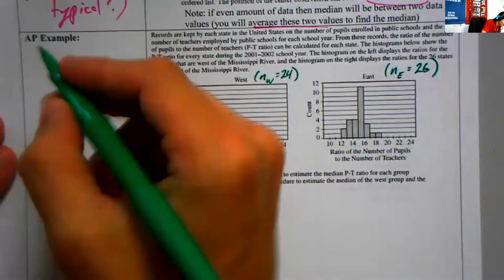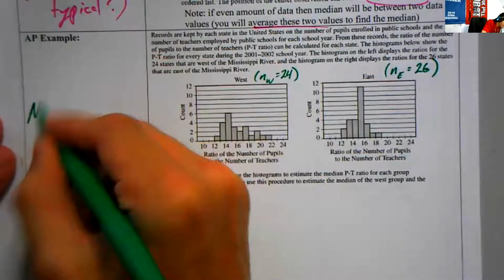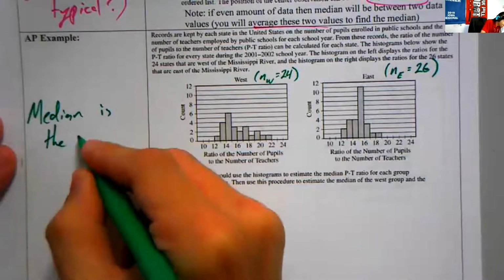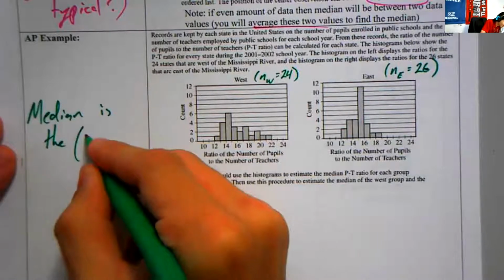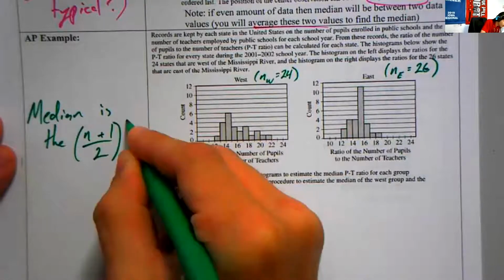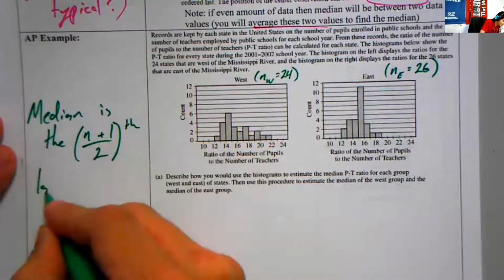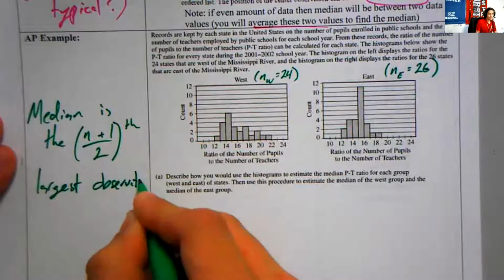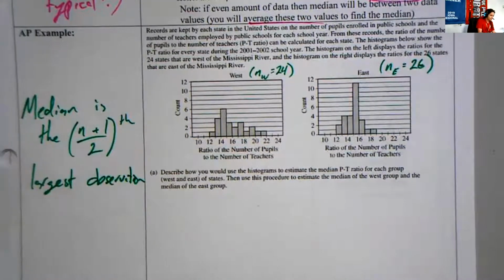I'm going to make a little thing out to the side here. The median is the (n plus 1) over 2 largest observation. How do we find that?